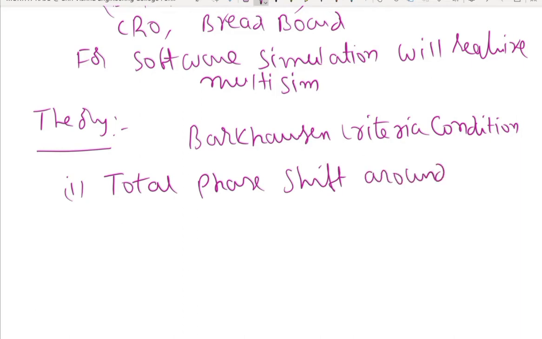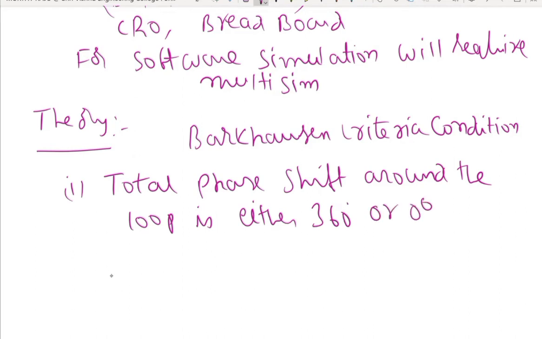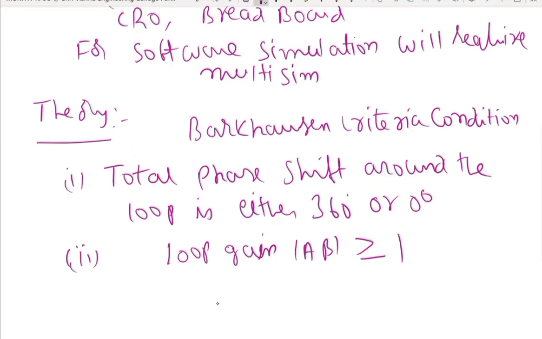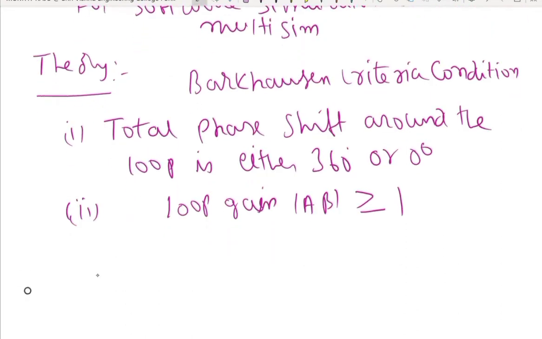Total phase shift around the loop is either 360 degrees or 0 degrees. Second one is loop gain, mod A beta is greater than or equal to 1. If these two conditions are satisfied, then only oscillations are produced.